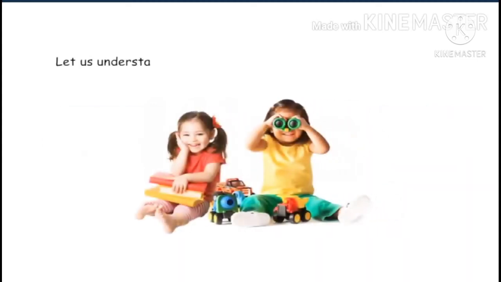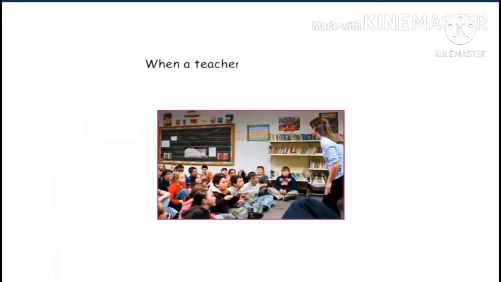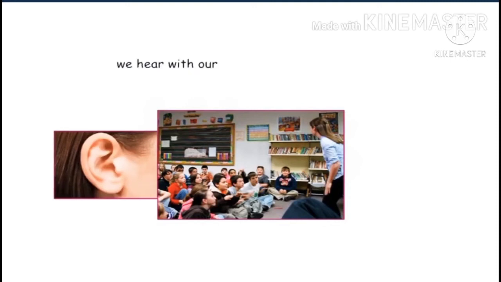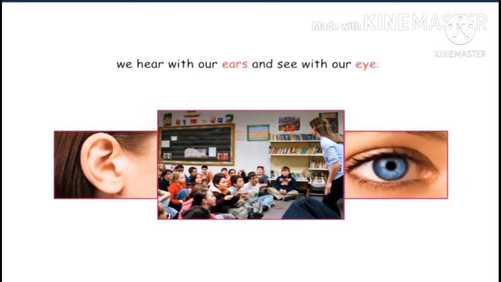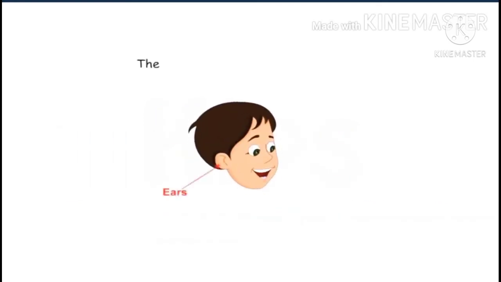Let us understand these steps by taking an example of our body parts. When a teacher asks us a question, we hear with our ears and see with our eyes. The ears and eyes are the input units.